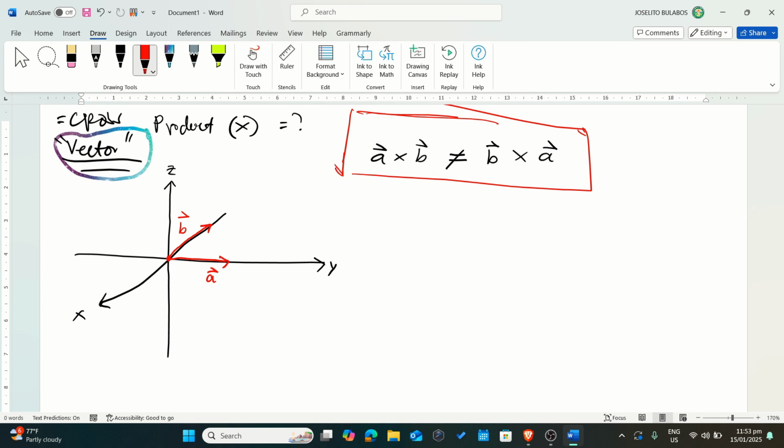Okay, well, anyway, we have to find the cross product of A cross B. How do we get this?